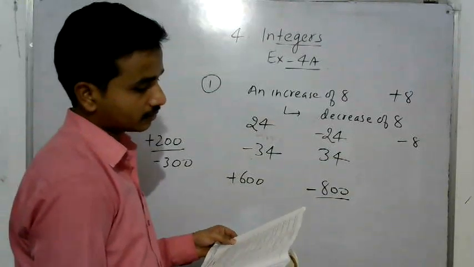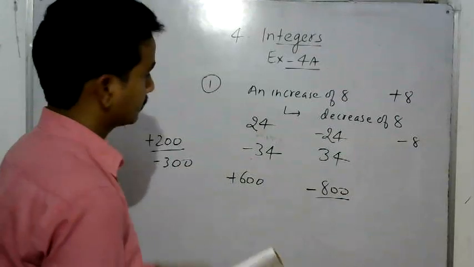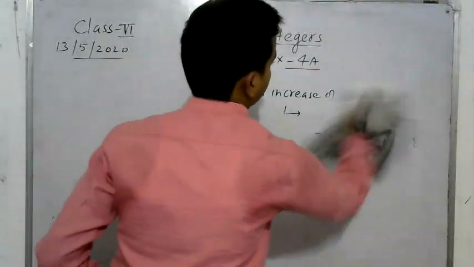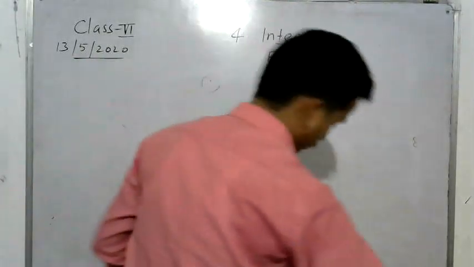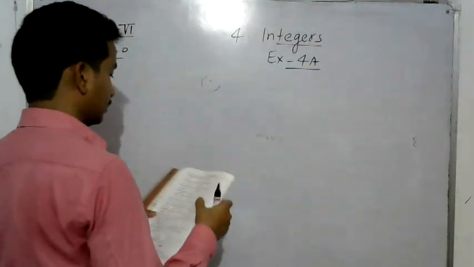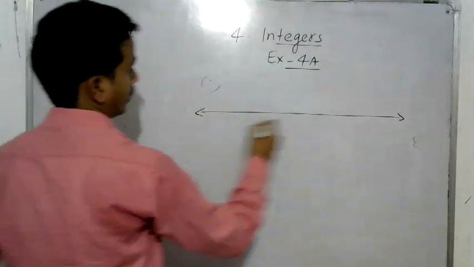Mark the following integers on the number line. You can show the integers on the number line. Now in question number 3, you have to mark integers on the number line. So this is a line, and how do you mark?